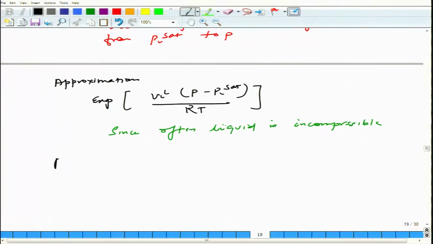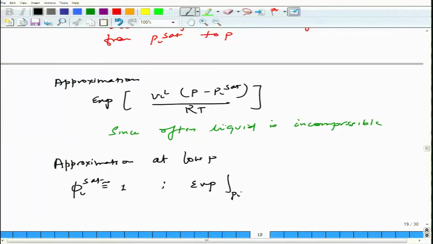For example, at low pressure, we can take phi I sat approximately equal to 1, since it behaves like an ideal system, and the Poynting correction factor is also close to 1.